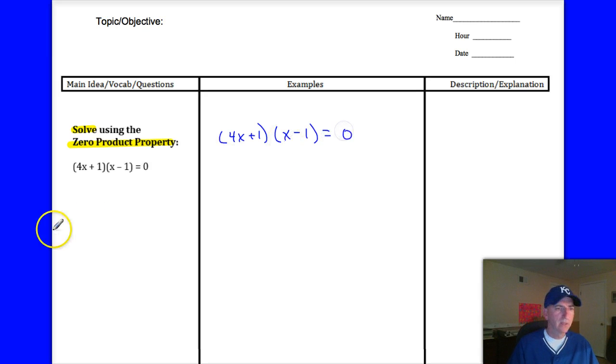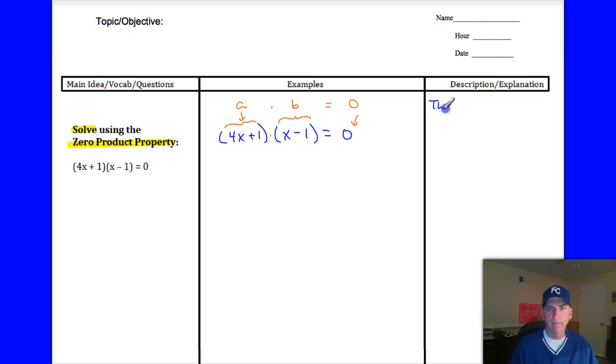equals 0. All right, so what we just said above is that if you had two, let's pretend for a moment that this binomial here is a, and let's pretend that this binomial is b. They're being multiplied. It's a times b. And we also know that it is set equal to 0. Okay, well, if that's the case, here's what you should be thinking.